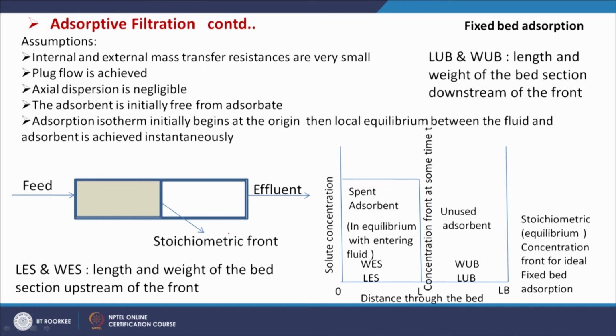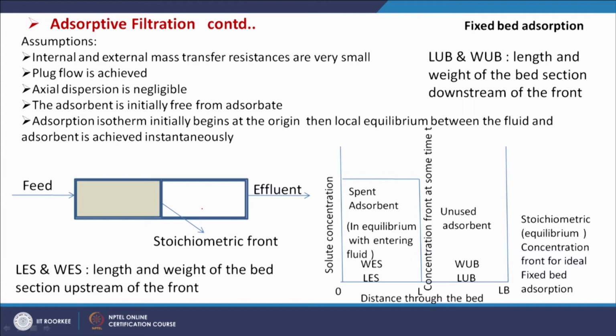Now, we will discuss how we will understand the phenomena going on in a fixed bed adsorption column, or how we can model this, how we can determine different parameters during adsorption in the packed bed, or fixed bed. That we will be discussing.